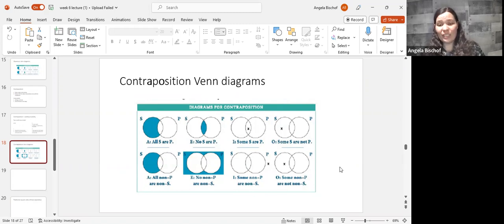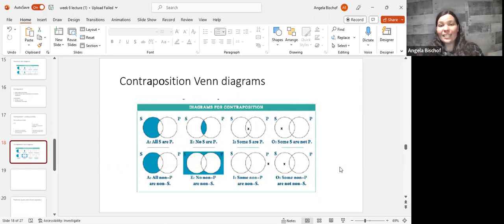Now let's look at these two middle ones that are trippier. No S are P, that's pretty standard. We can flip it and say no non-P are non-S. So what's that saying? It's saying that nothing is a non-P and a non-S.